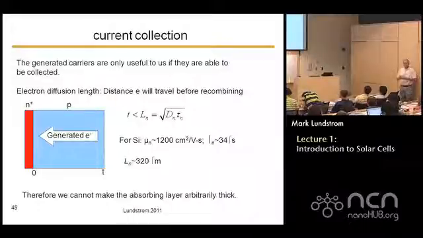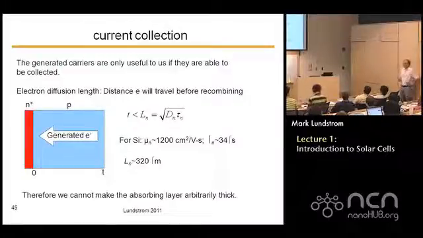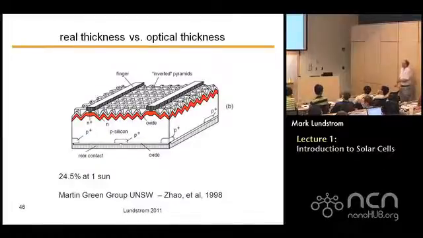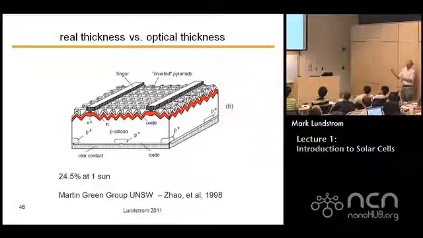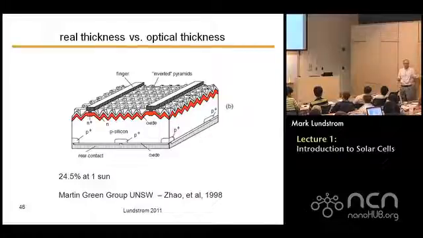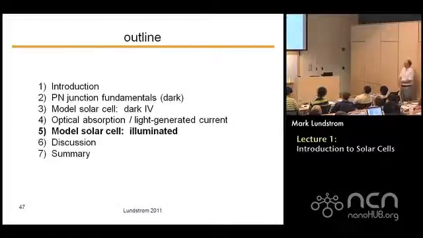Now that's one of the reasons that you can't make the layer as thick as you want, because if you make it too thick, it'll be more than a diffusion length away from the junction, and it won't get there. So when people design cells like this, you try to keep the absorbing layer physically thin so that once you generate an electron-hole pair, it can diffuse to the junction and get collected.